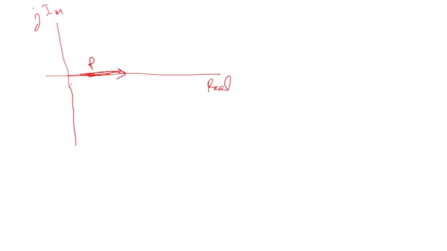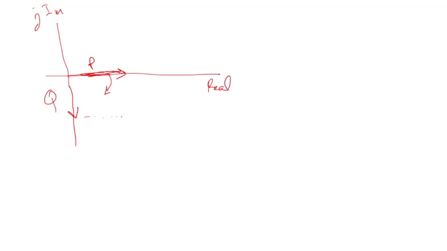So with that in mind, here's the real axis, and here's the imaginary axis. If I call this P, and theta is negative, that means it will be in this direction. So Q would be negative.